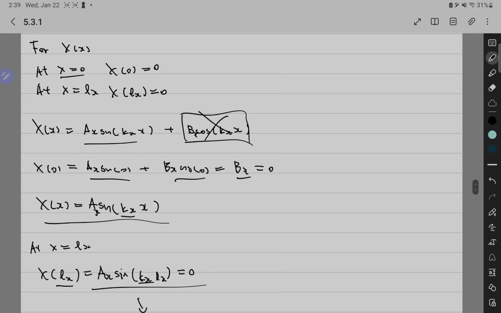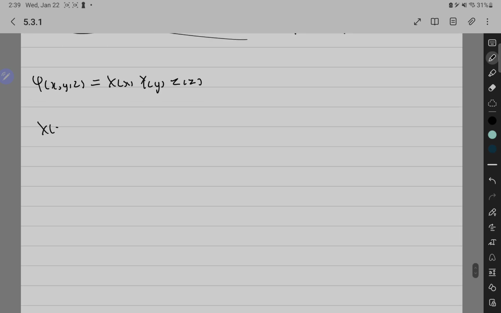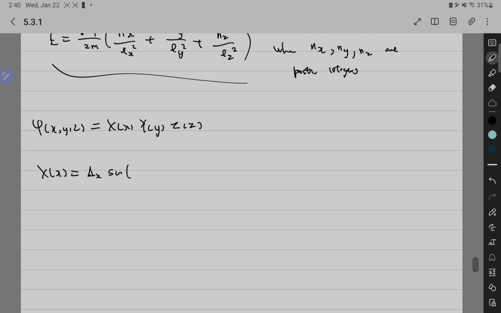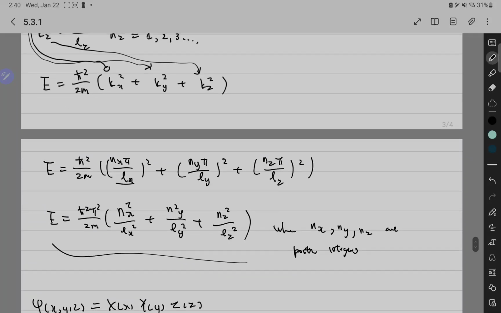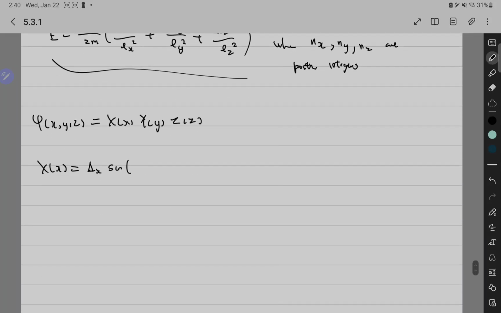For X(x), it's going to be Ax sine kx x, but our kx here is going to get replaced by nx pi over lx.